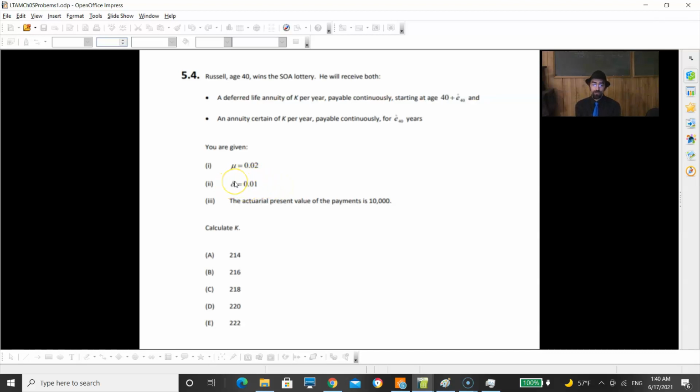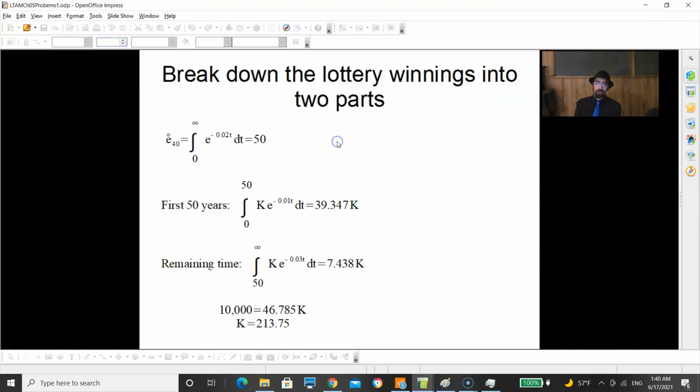They give you force of discount and the actuarial present value of the payments. And you have to figure out K. All right. So, as I alluded to earlier, you either do the integral or just recognize that circle E40 is going to be 1 over mortality, which is 50.